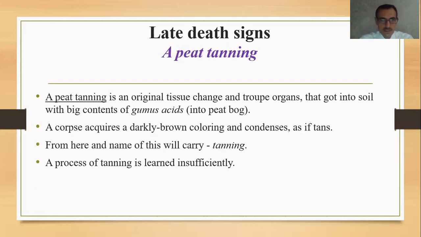And the final stage of the late death signs is peat tanning. Peat tanning is a tissue change in corpse organs that got into soil with big contents of humus acids, into peat bog.